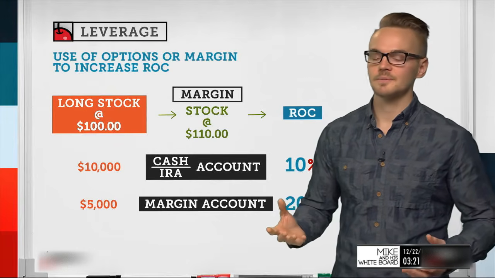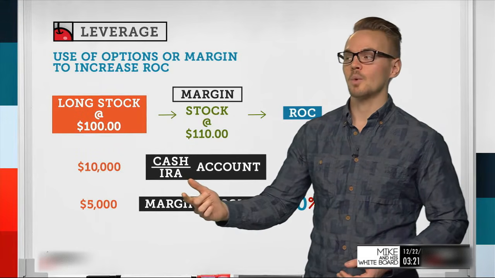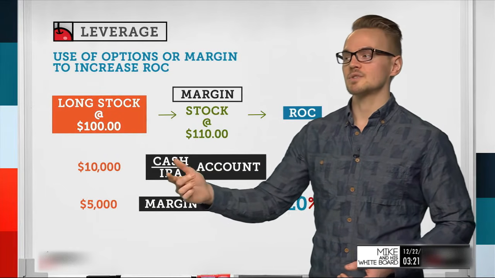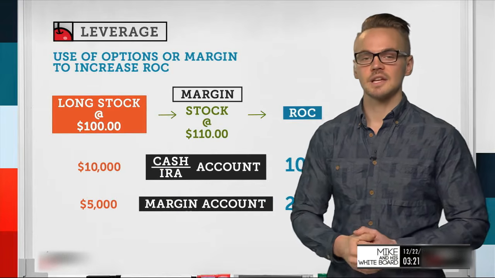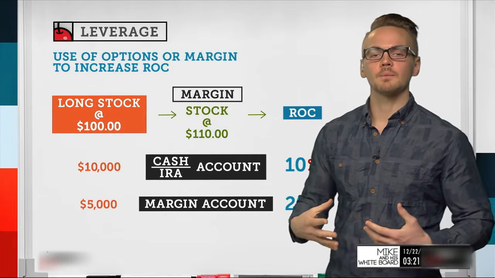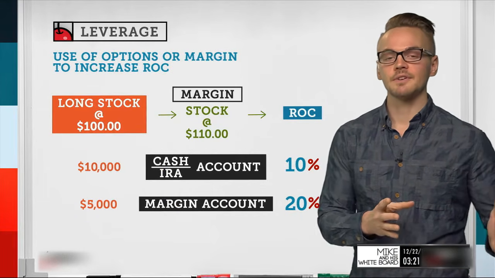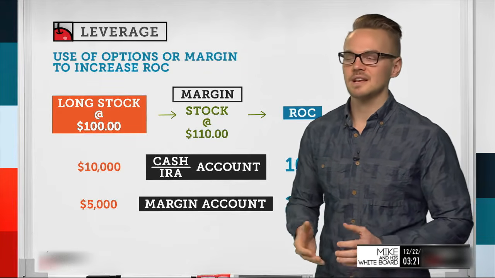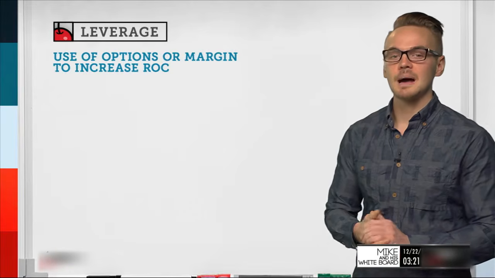I would be at a loss of 20% because I would be losing $1,000 against $5,000 down, compared to $1,000 against $10,000 down. So when we're dealing with leverage, it can magnify our wins, but it can also magnify our losses. Let's move along to the next slide, and we'll talk about leverage with options.